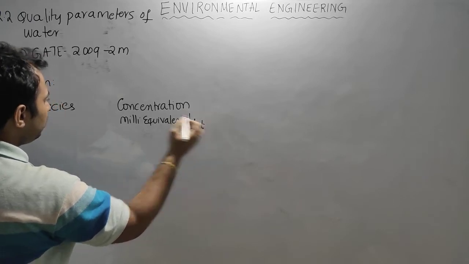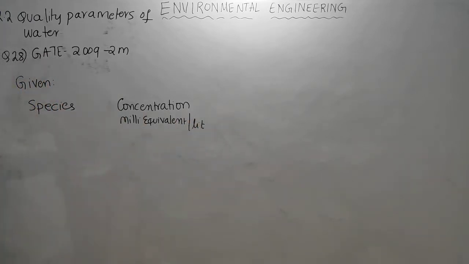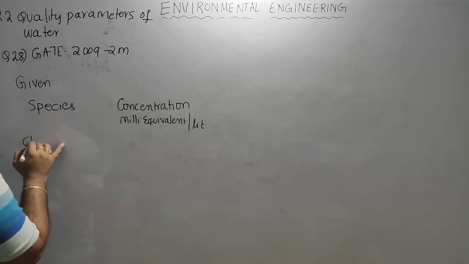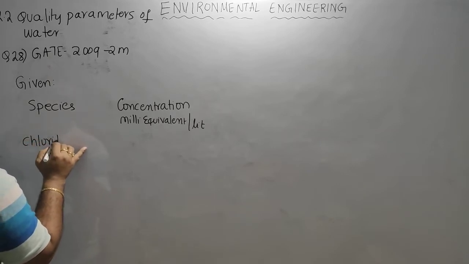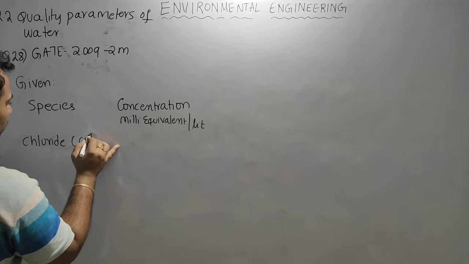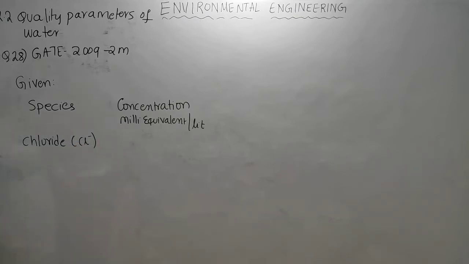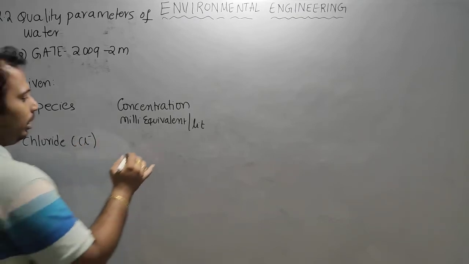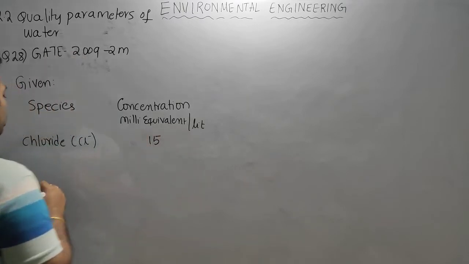Okay, so the concentration of chloride, Cl minus, how much is the concentration? 15 milli equivalent per liter.